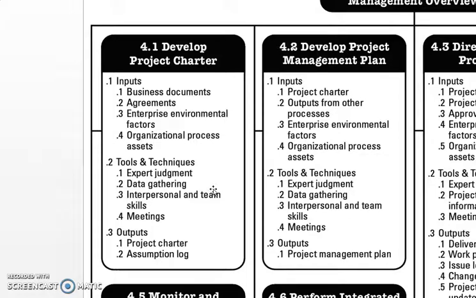Enterprise environmental factors are the factors affecting the environment of the company: technological advancements, policies, legal requirements, etc. What are organizational process assets? For example, a template used for requirement gathering is a simple example of organizational process assets.